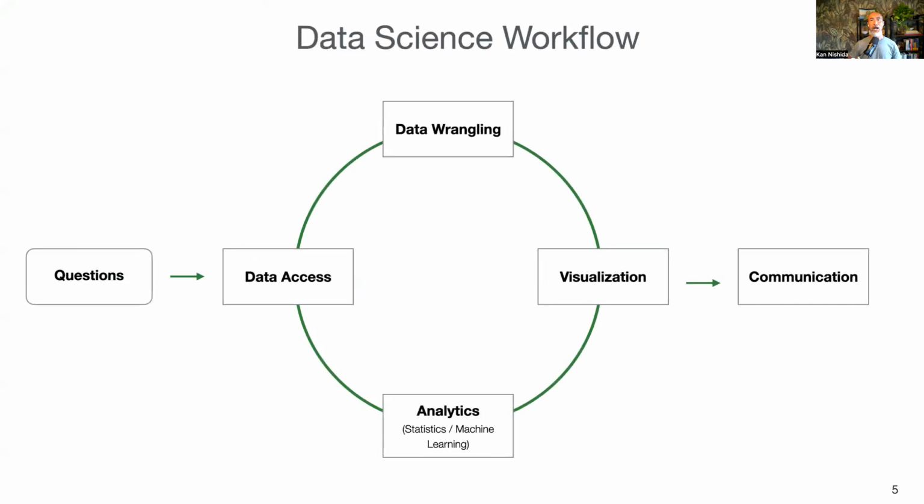But the problem, which is related to today's topic, is that the data is not in the right format or right way, so you have to do data wrangling, basically cleaning up the data and transforming the data to the point that it's of enough quality that you can visualize or analyze the data. Visualization is where you use different types of charts, and analytics is different types of statistics and machine learning algorithms. Either way, you're trying to gain insights by finding the patterns and the trends in the data.